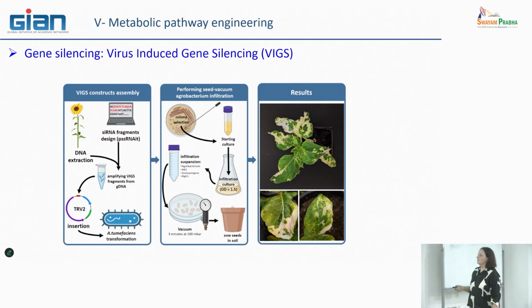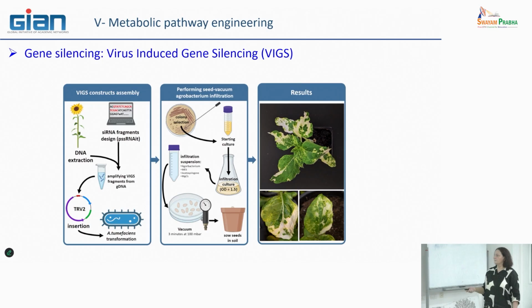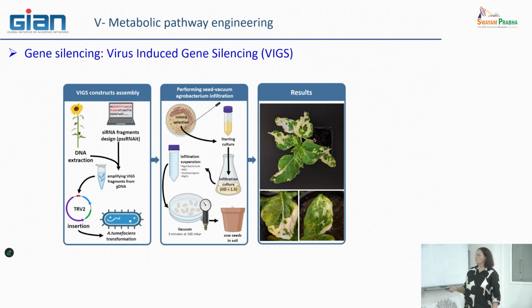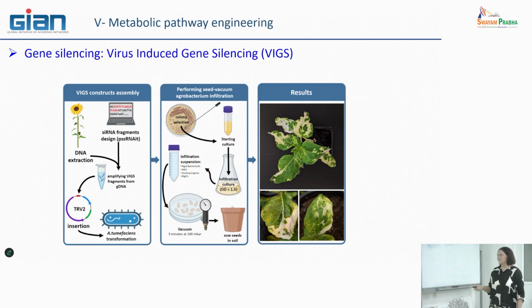And after that, you amplify this fragment in a specific plasmid of the virus. Okay, so you insert this sequence in the virus. This plasmid is also used afterwards, sometimes for the virus by itself or with Agrobacterium tumefaciens.